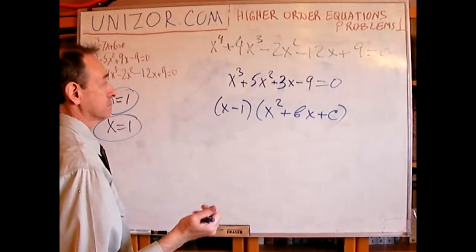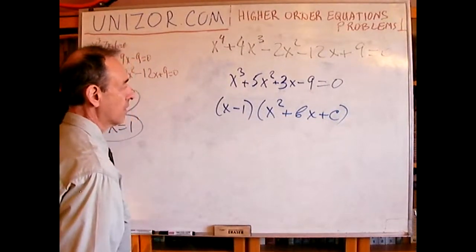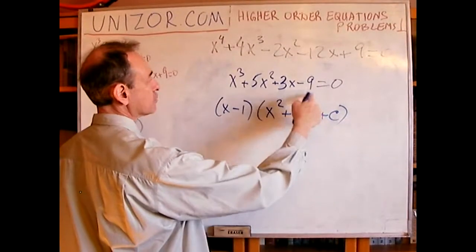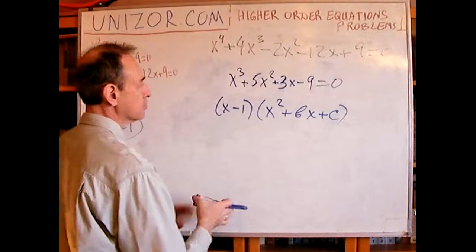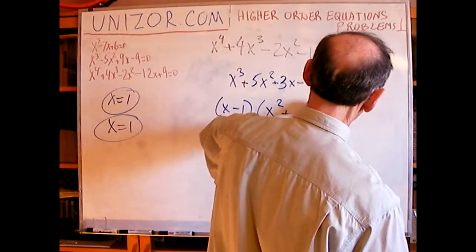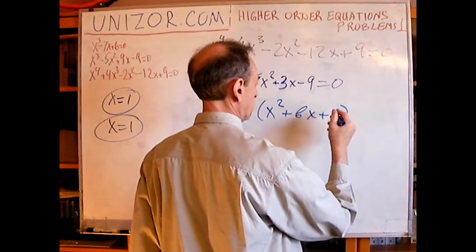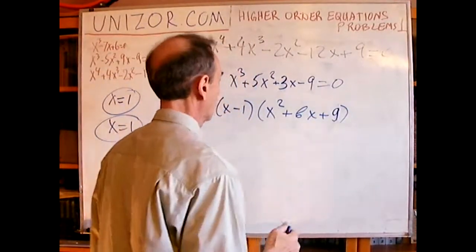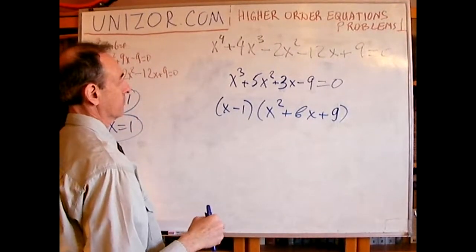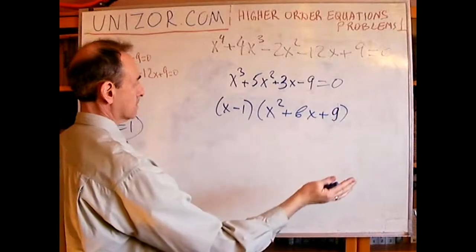All right. Do exactly the same thing. First, we start from this free member. Minus 1 times c should be minus 9, so c should be equal to 9, right? 9. Okay. Now, so x cubed is fine, and minus 9 is fine.